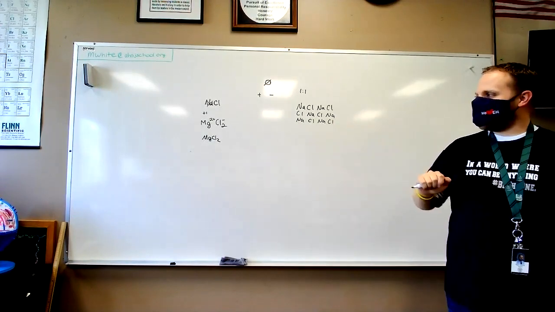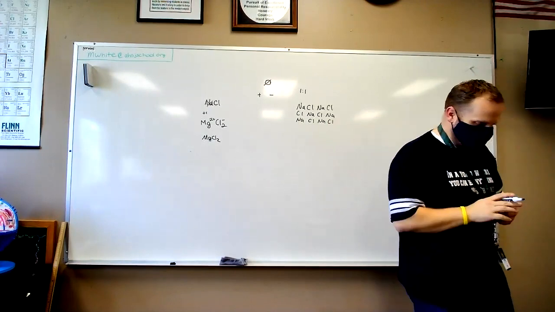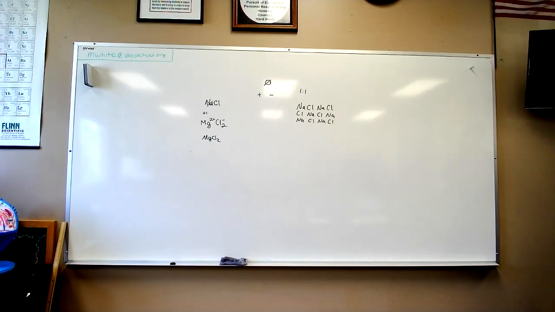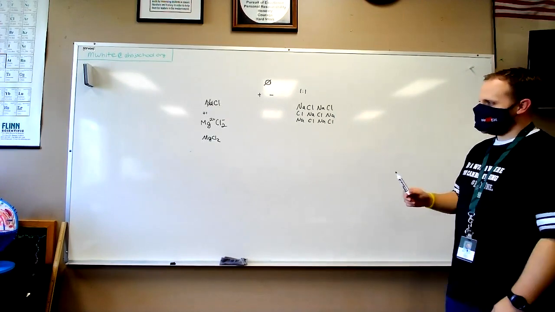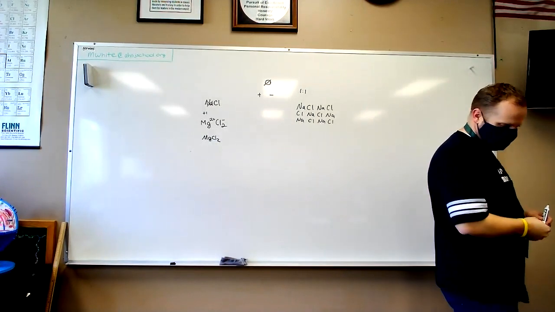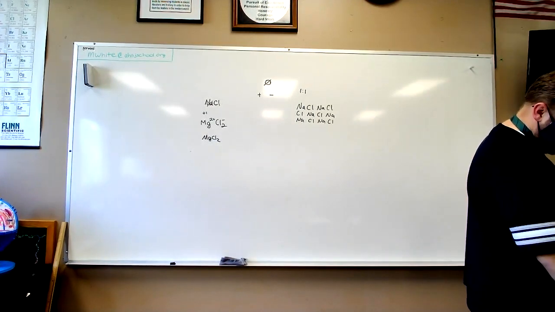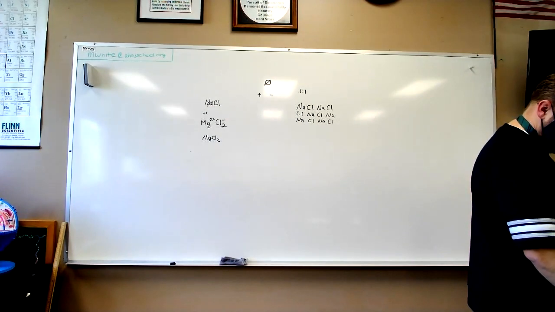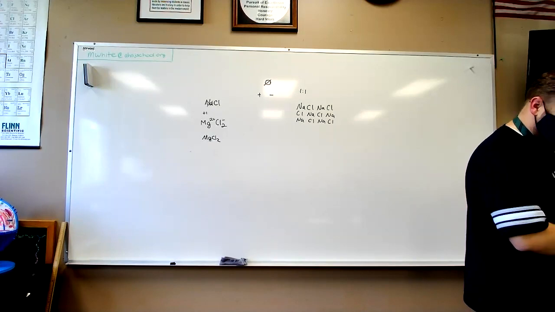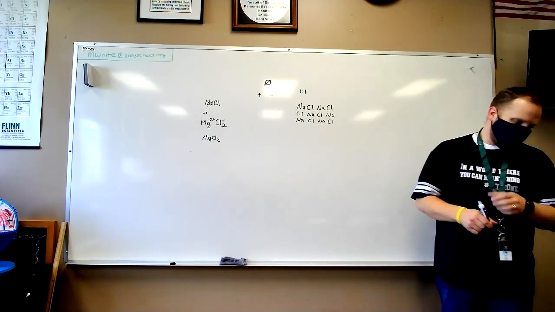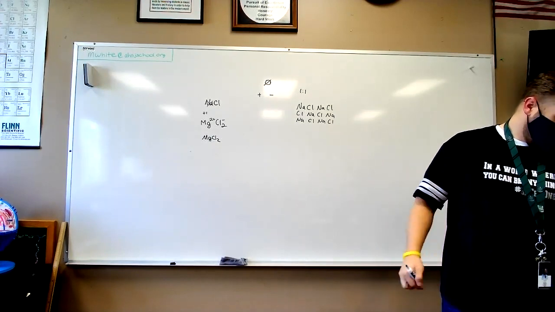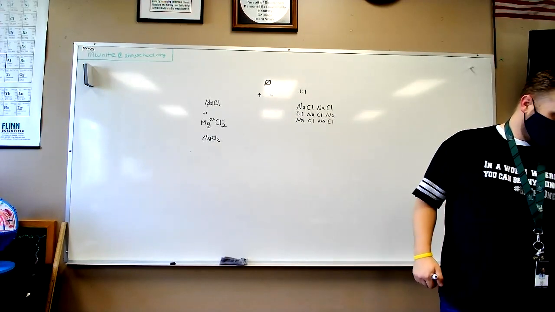So we name it based off of the formula unit, where we have the lowest possible ratio of how they come together. So if you look at page 218 and 219, there's two tables there that have a bunch of common ions and what their charge is going to be.